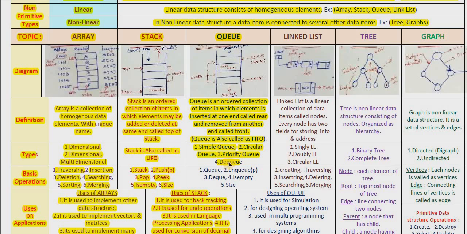Then DQ. What is DQ? DQ full form is double-ended queue. In DQ we can insert or delete the data from both ends, from top or bottom, or front and back. From both ends we can add and we can delete. So this is called DQ.